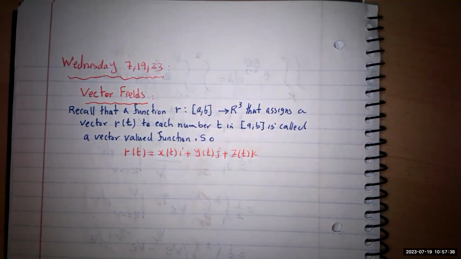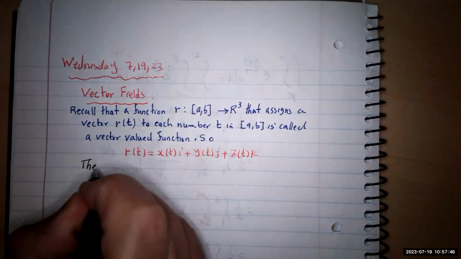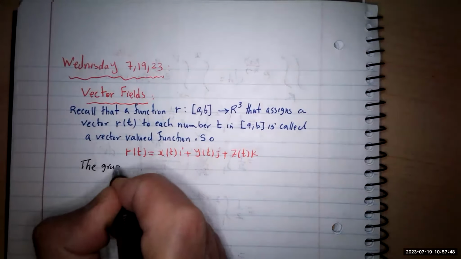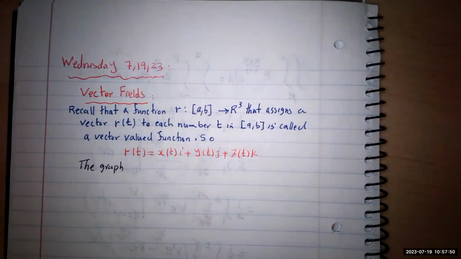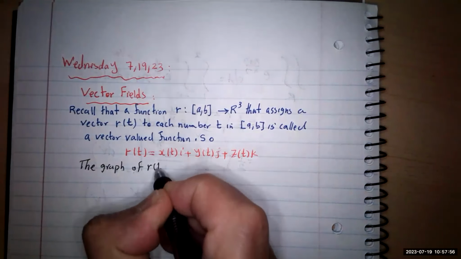Now let's talk about the graph of this function. Remember, the graph is going to be just those space curves. So the graph, that line integral depends on this type of function. That's why we need them. The graph of R of t, you know that we change the t, we get a path.